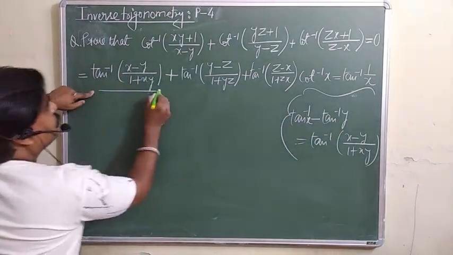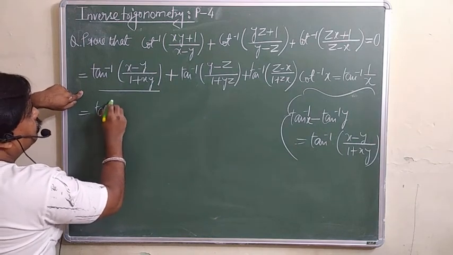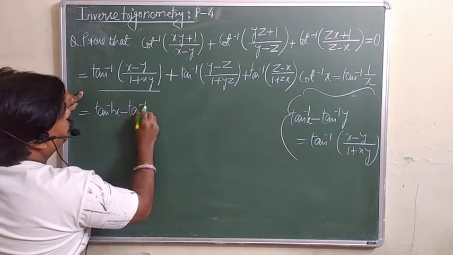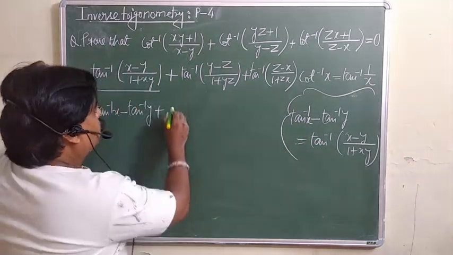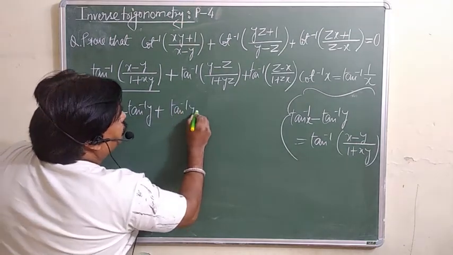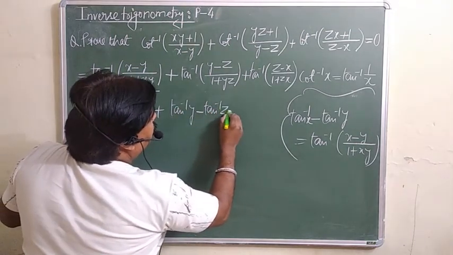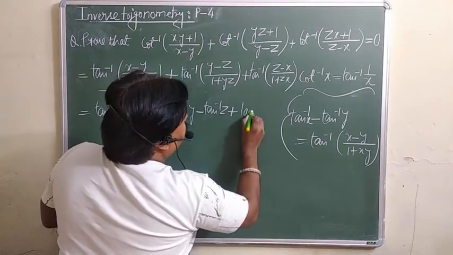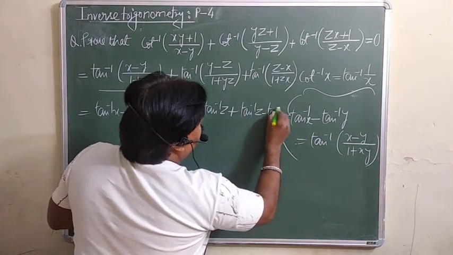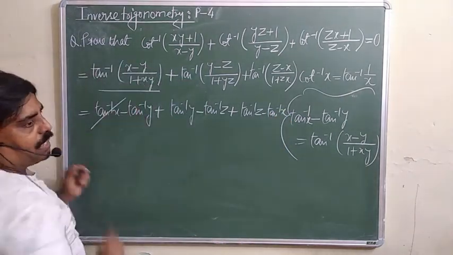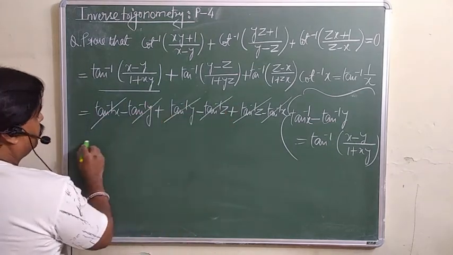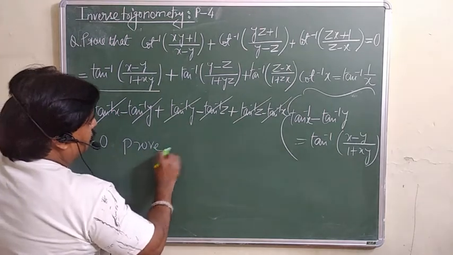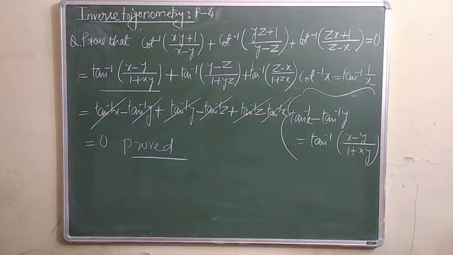Similarly, tan inverse of (y minus z) over (1 plus yz) is equal to tan inverse y minus tan inverse z, and this one is tan inverse z minus tan inverse x. See now, the tan inverse x, y and z terms cancel, and the sum is 0, which you wanted to prove. So this is a proof. Have a look.